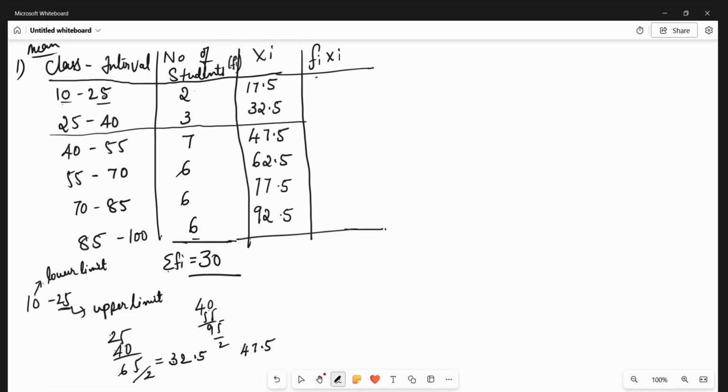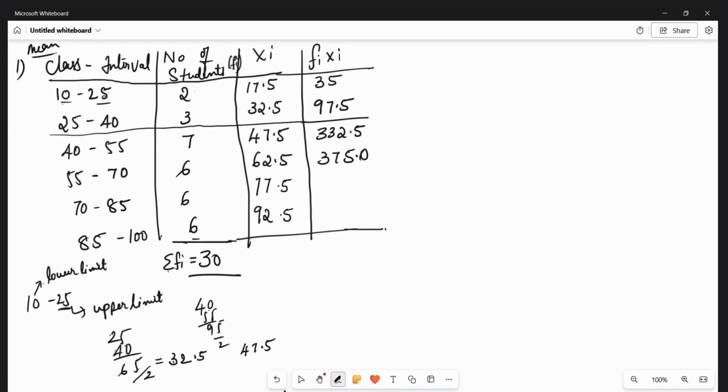You will get 35. Then 3 into 32.5, 97.5. Next, 7 into 47.5, 332.5. Correct. Next, 6 into 62.5, 375.